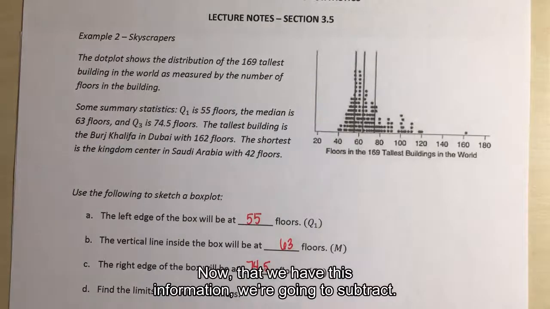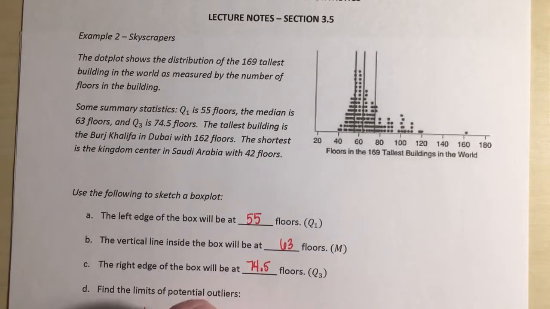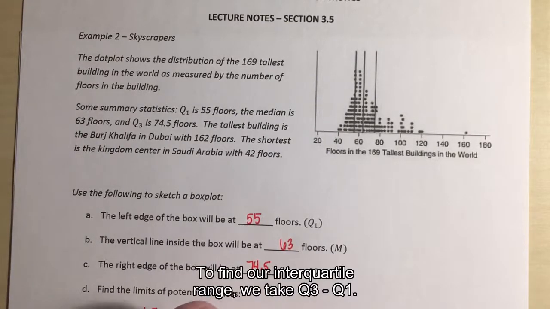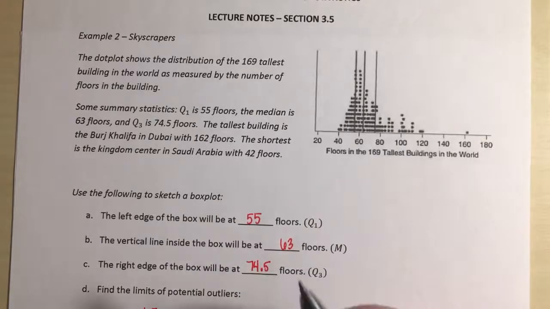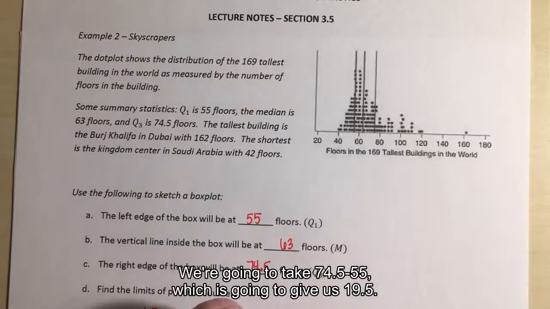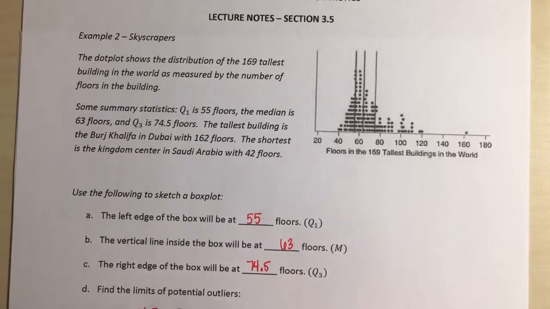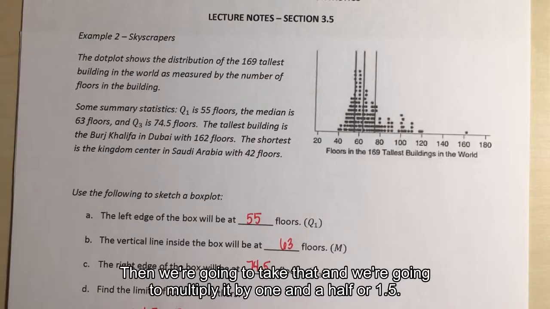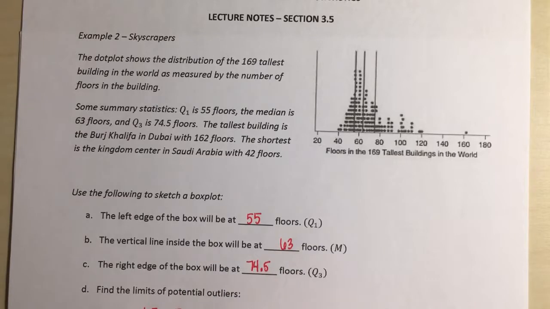All right, so now that we have this information, we're going to subtract. To find our interquartile range, we take Q3 minus Q1. So we're going to take 74.5 minus 55, which is going to give us 19.5. Then we're going to multiply that by 1.5, and we get 29.25.